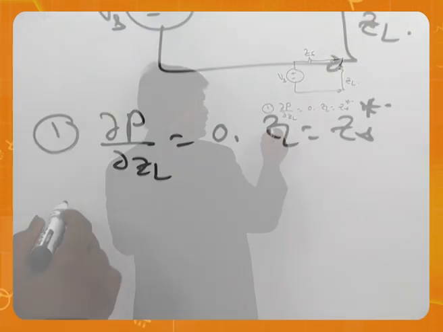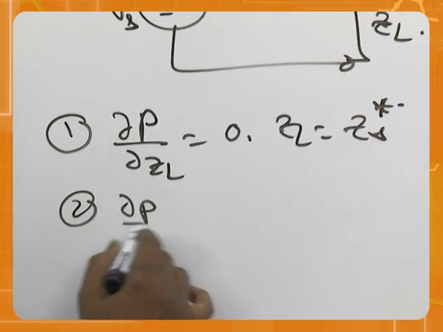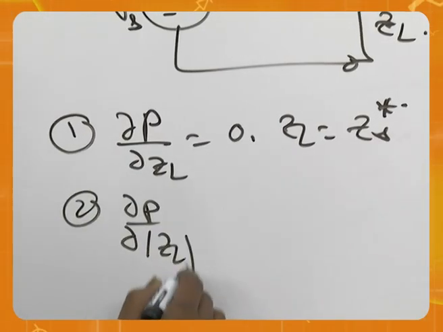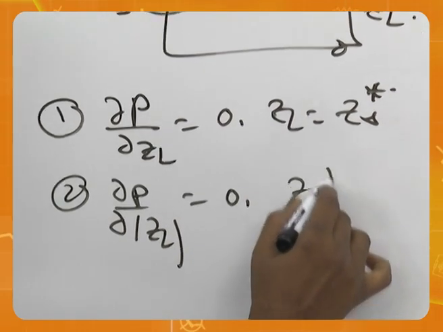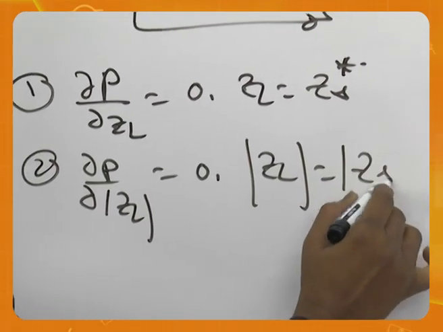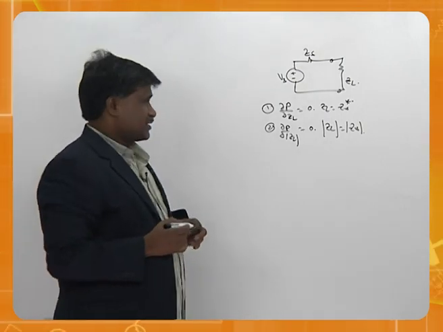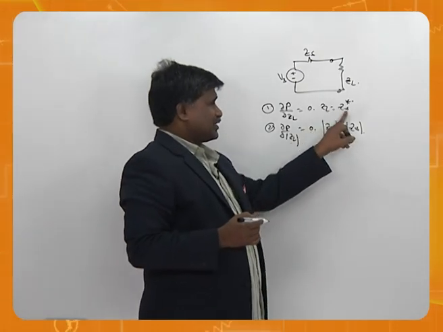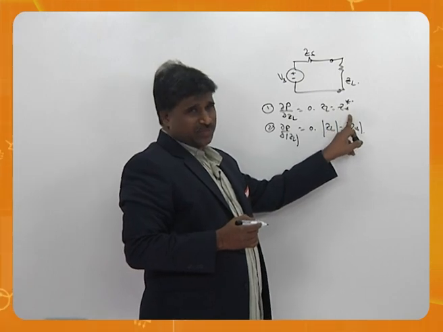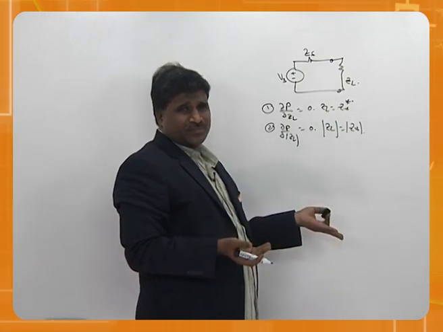That is, if you say magnitude, you have to say ZL is equal to ZS. So there are two meanings of this. If this is complex conjugate, if you take magnitude, anyway they are same.